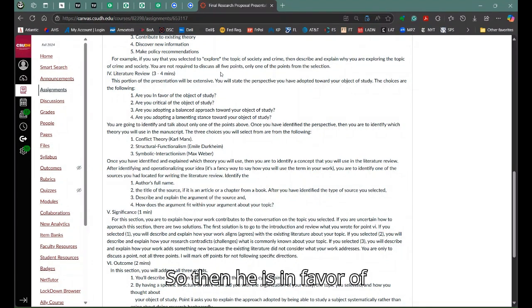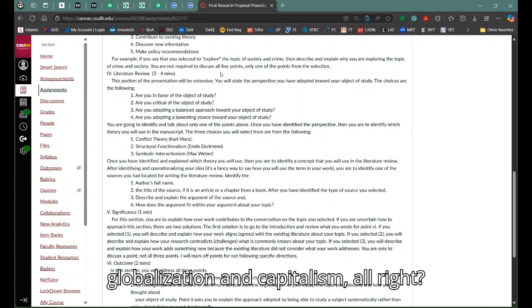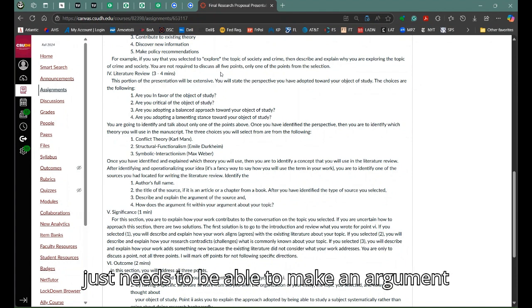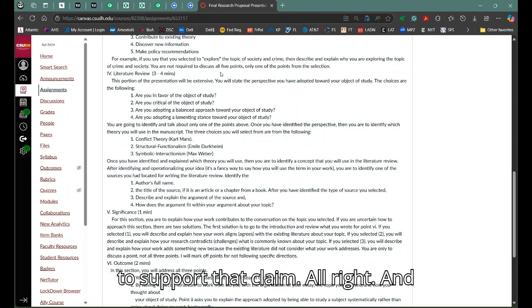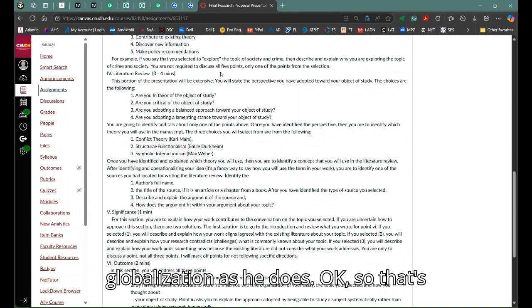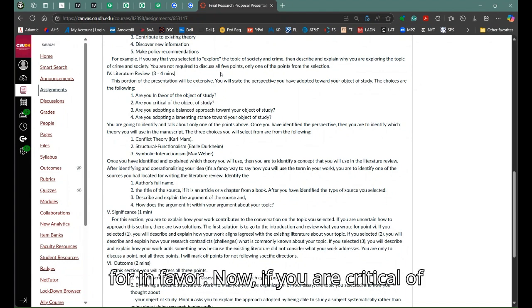So then he is in favor of globalization and capitalism. All right. And there's nothing wrong with that. He just needs to be able to make an argument to support that claim, and provide the necessary evidence to try to convince the reader to see globalization as he does. Okay. So that's for in favor.